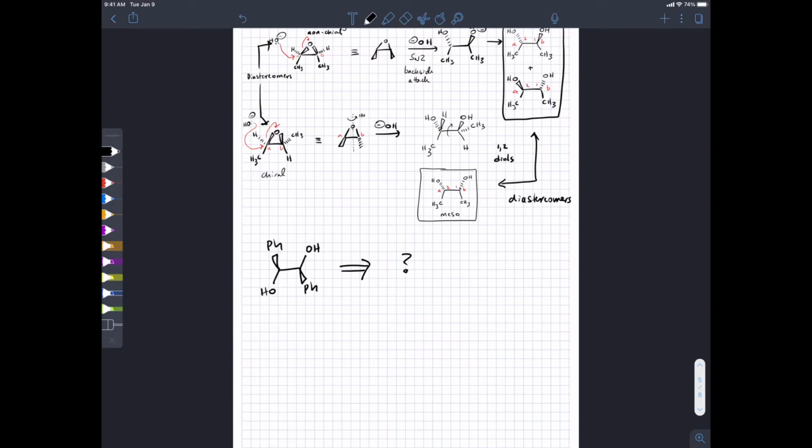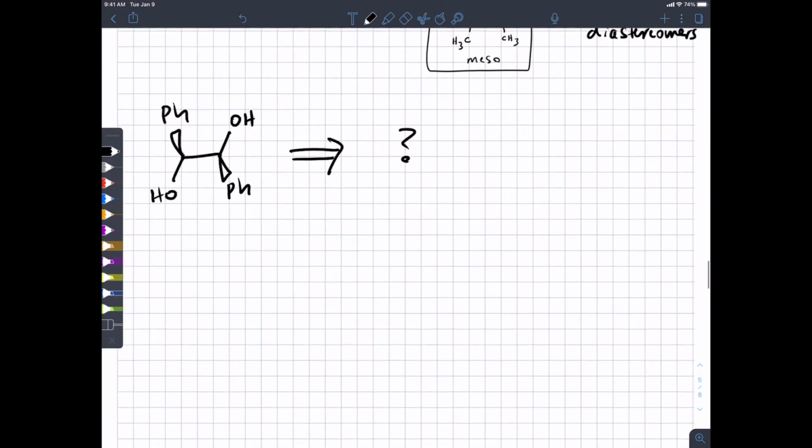What could I have gotten that from? And there are a couple of things you'd have to do. You would first need to recognize that you've got a 1,2 diol substitution pattern, which you could get by opening an epoxide with OH minus.